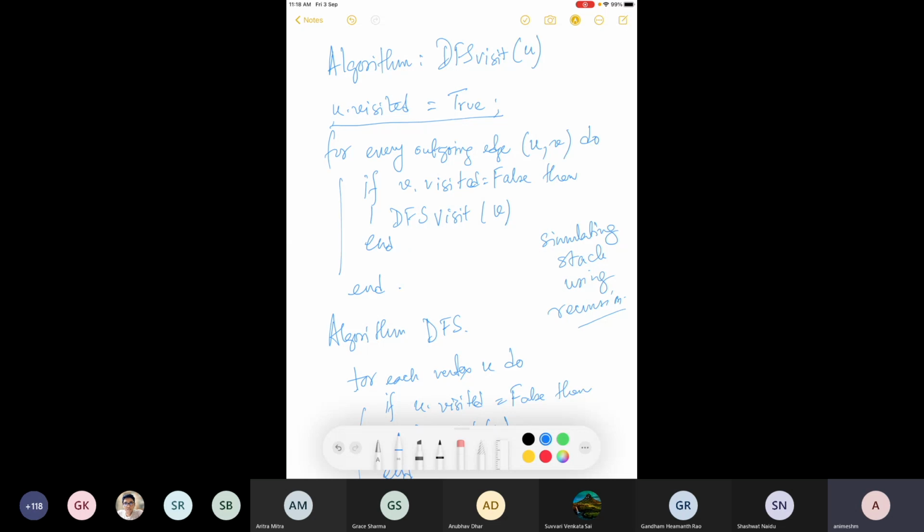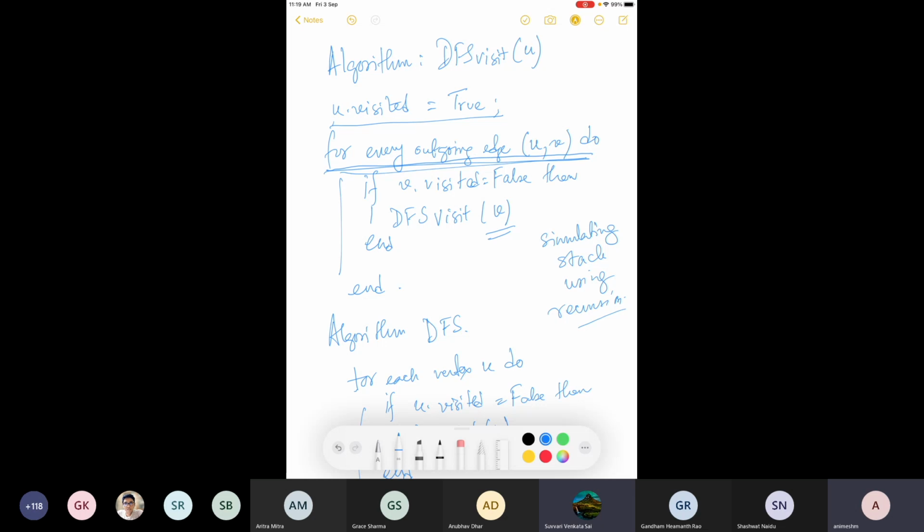And then for every outgoing edge, there is a for loop going on here. For every outgoing edge, you call u, v. So for every edge, you have to call this DFS visit. Is this getting clear now?